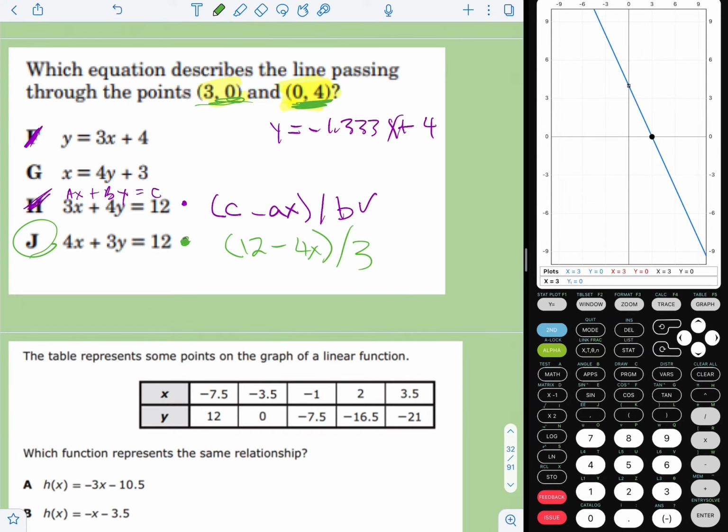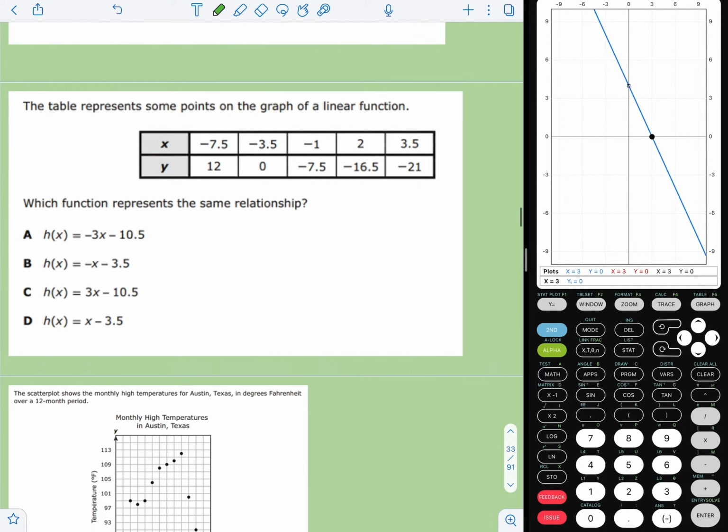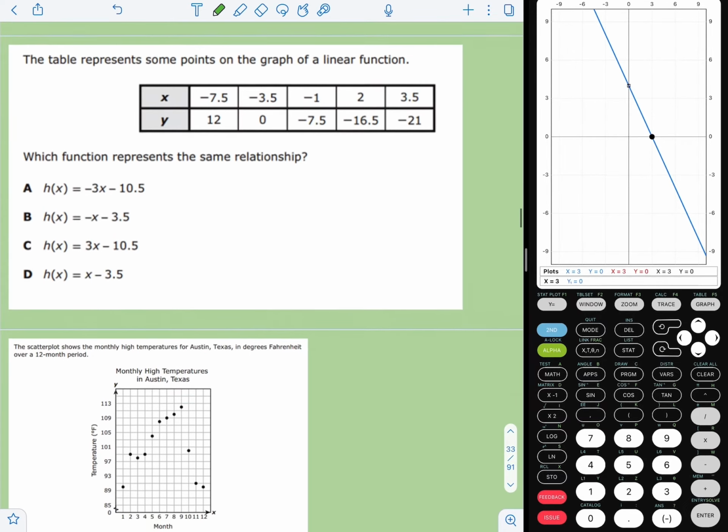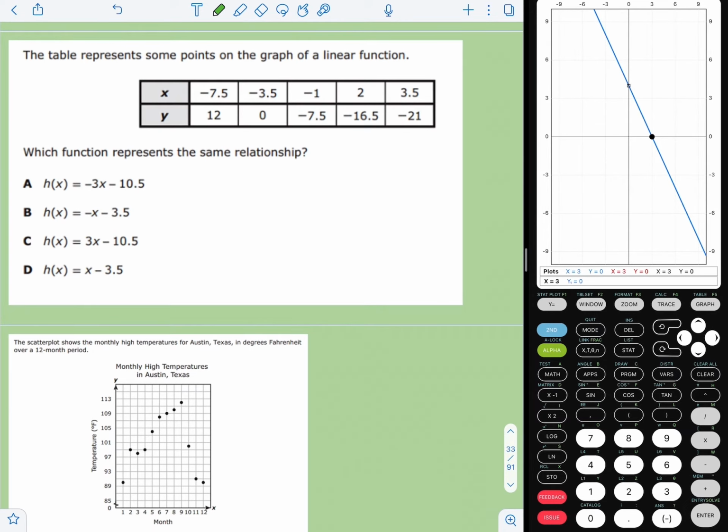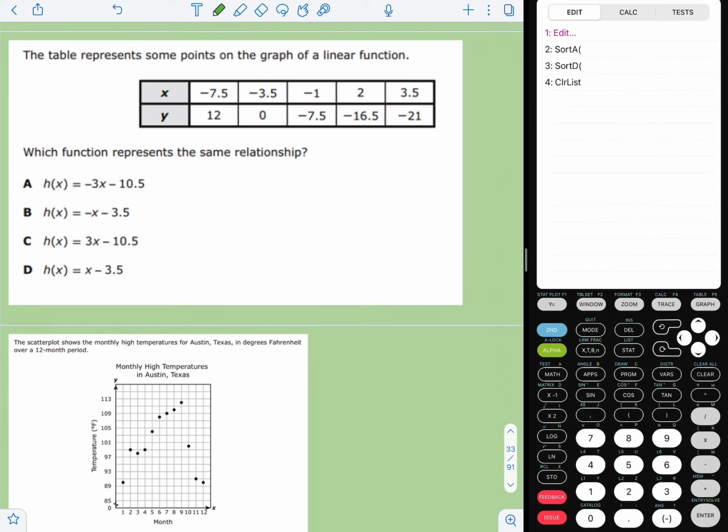All right, for the next question, it says, which function represents the same relationship that's in this table? So we're going to go to our stat, edit, and notice how these are already filled in. You should be able to press clear when you go to L1, come back down, and then all the values disappear.